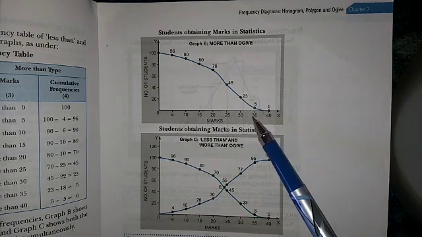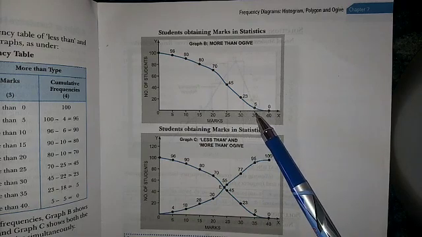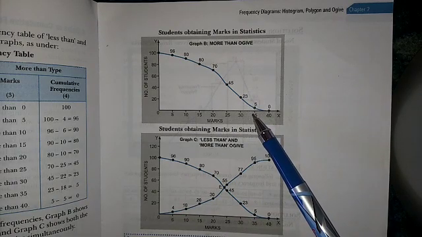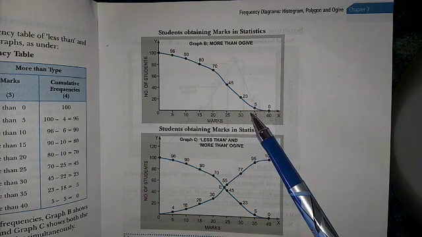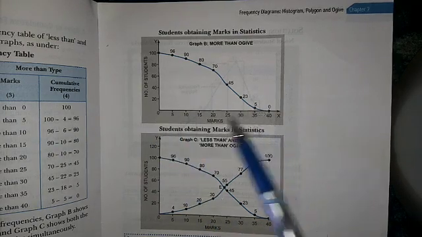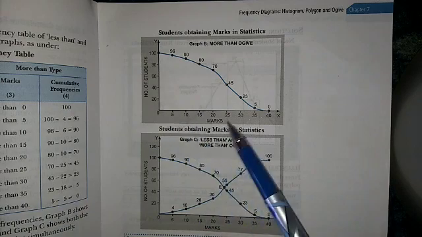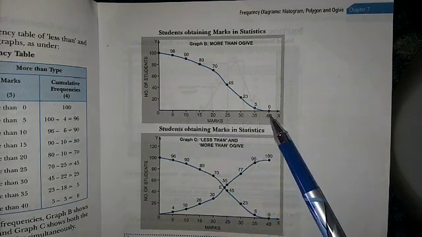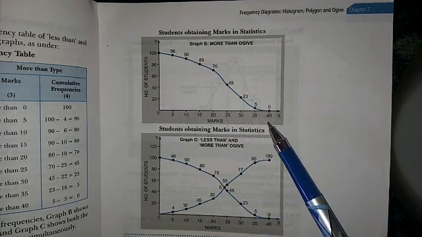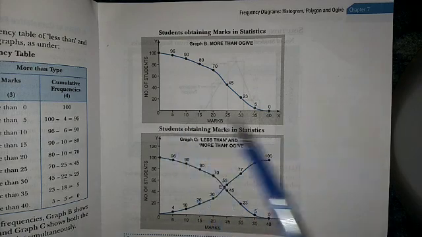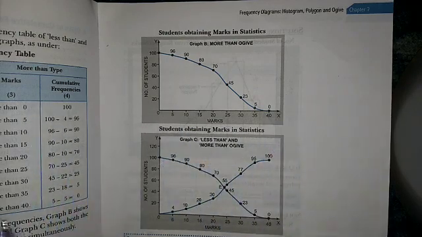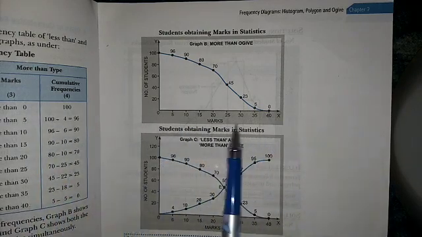Same is the case here when the marks is 35, the number of students is 5, because the y-axis shows number of students and the x-axis shows marks. And when the marks is 40, the number of students is 0.